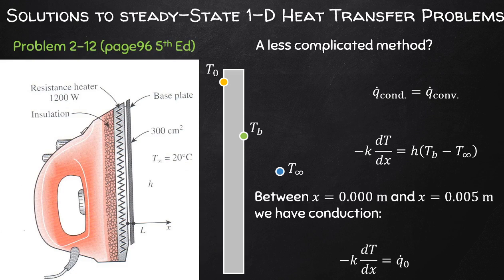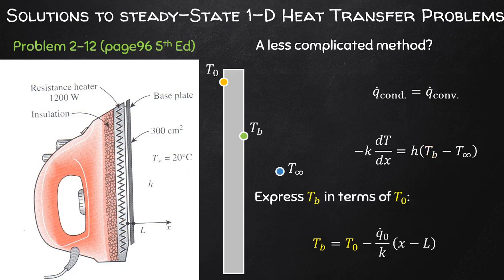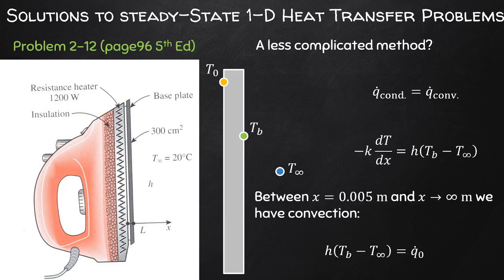Now between the two boundary conditions, we have conduction, and the expression for this is shown here. We see that we also have two unknowns, T0 and TB, and therefore we require a second equation. Two unknowns, we need two equations. Before we do this, let's just quickly rewrite the equation as follows, and next we can consider the equation for convection.